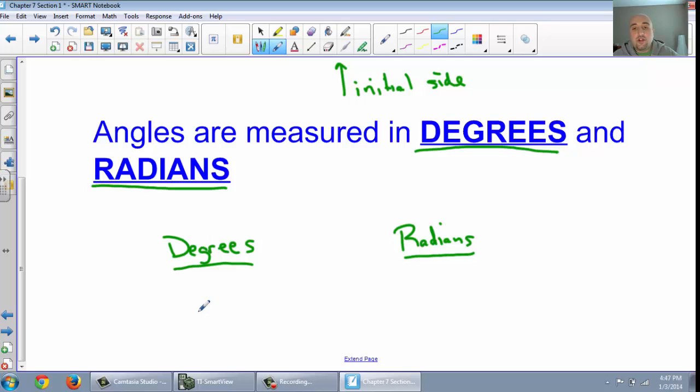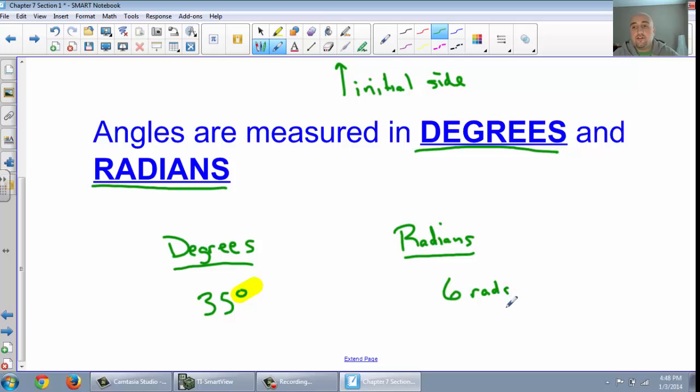We always know something is in degrees if there is a degree symbol. If it does not have a degree symbol, it is not a degree measurement. If it doesn't have a degree symbol, then we know it is a radian. So for instance, if all you see is 6, and we know we're talking about an angle, this is 6 radians.